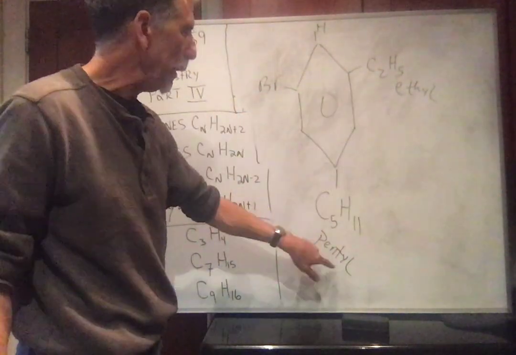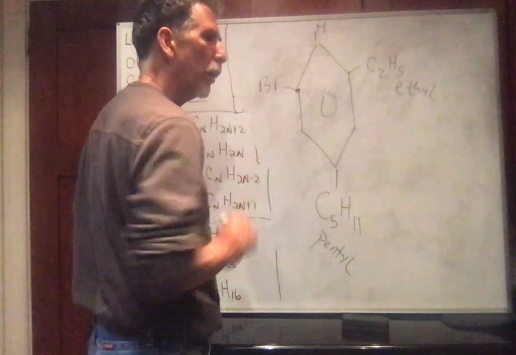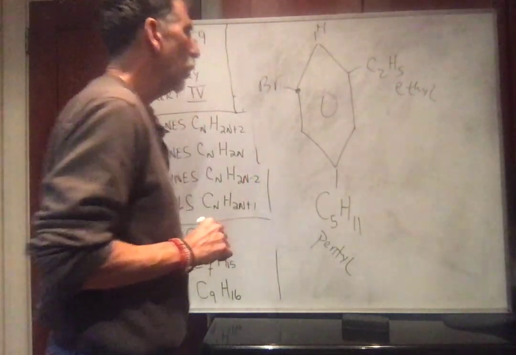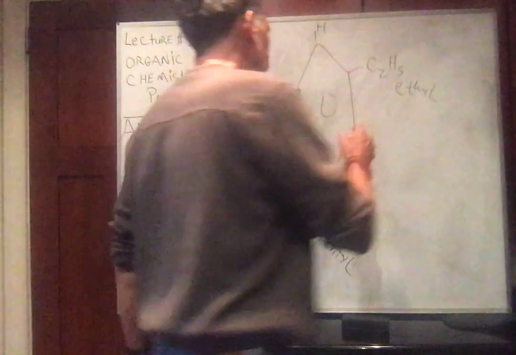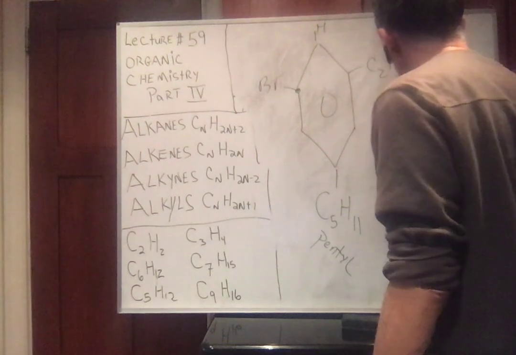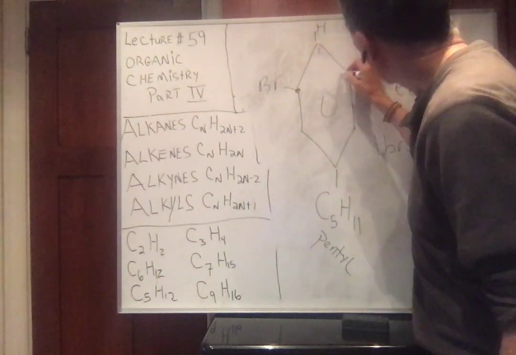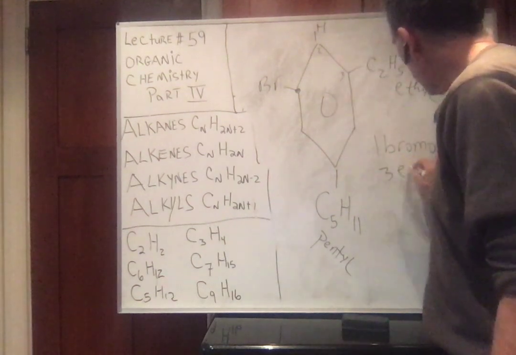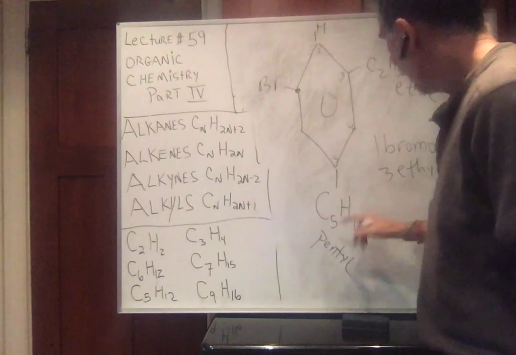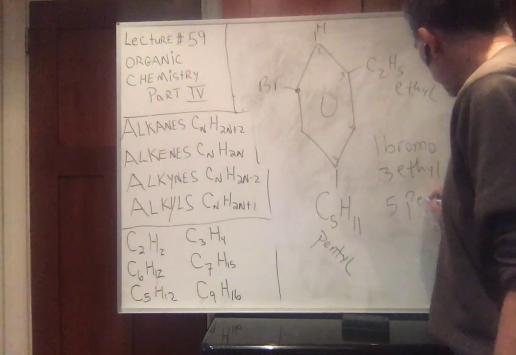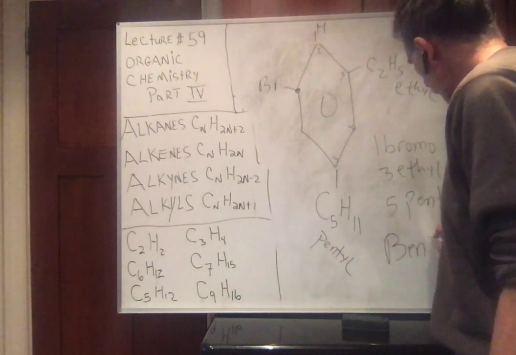Bromine, ethyl, pentyl. Bromine comes first. That's going to be on carbon 1. Okay? So we'll call this what? 1 bromo. 1, so that's carbon 2, carbon 3. 3 ethyl. 4, 5. 5 pentyl. Benzene.